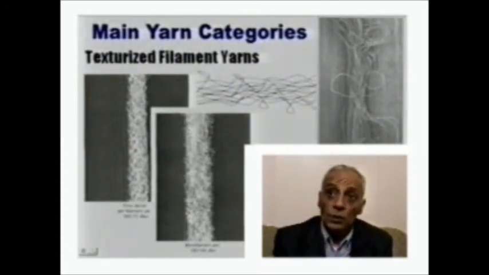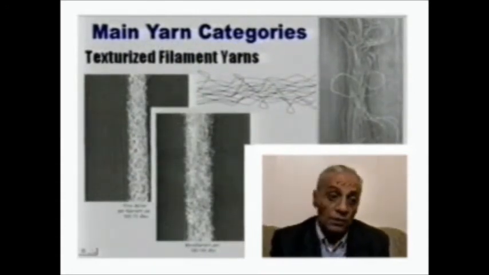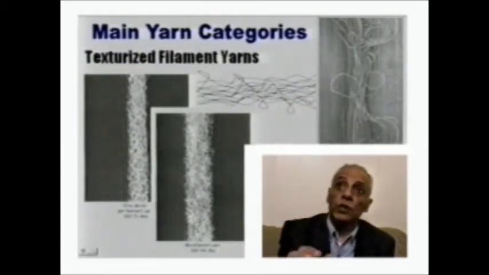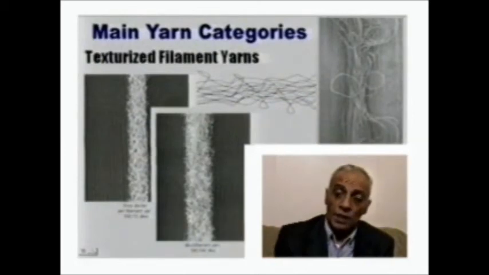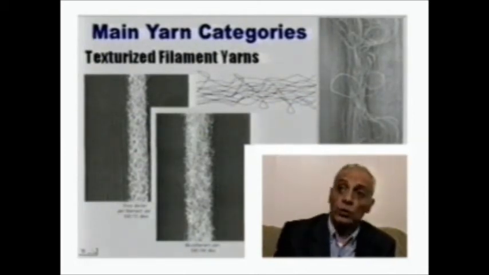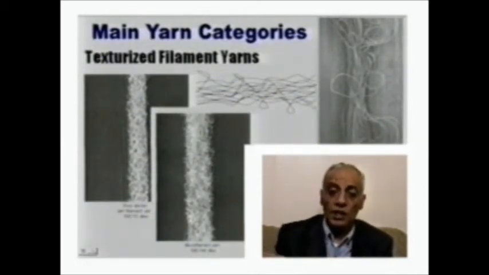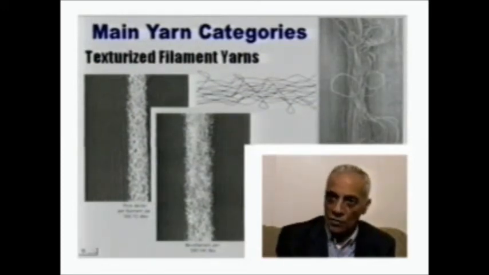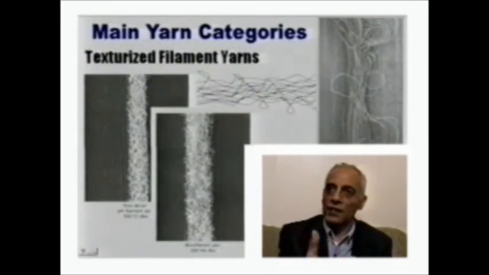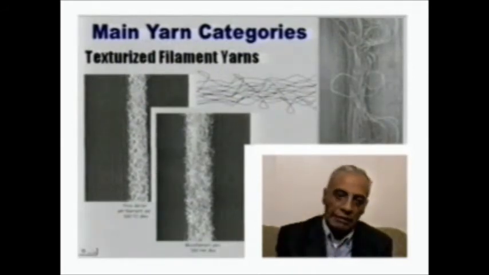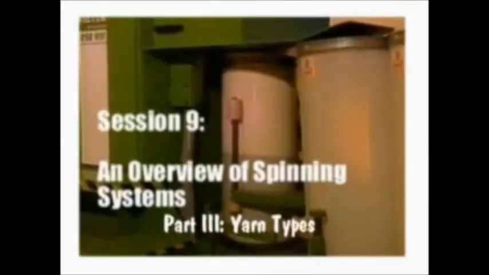Continuous filament yarns can also be texturized, as we mentioned a few minutes ago, and this puts continuous filament into another category. So they may be pre-drawn, fully drawn, or texturized, and obviously, as we mentioned before, under texturizing there are many sub-classes of continuous filament yarns, mainly bulky yarn or stretchy yarns, as we mentioned before.